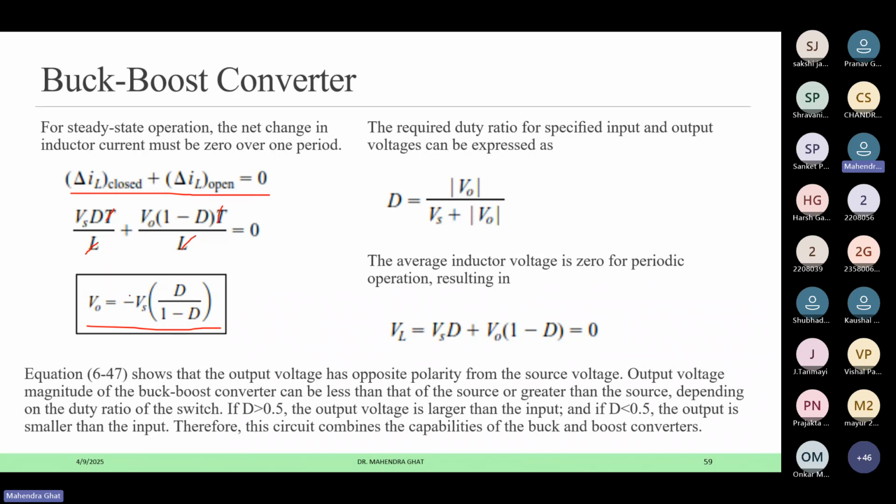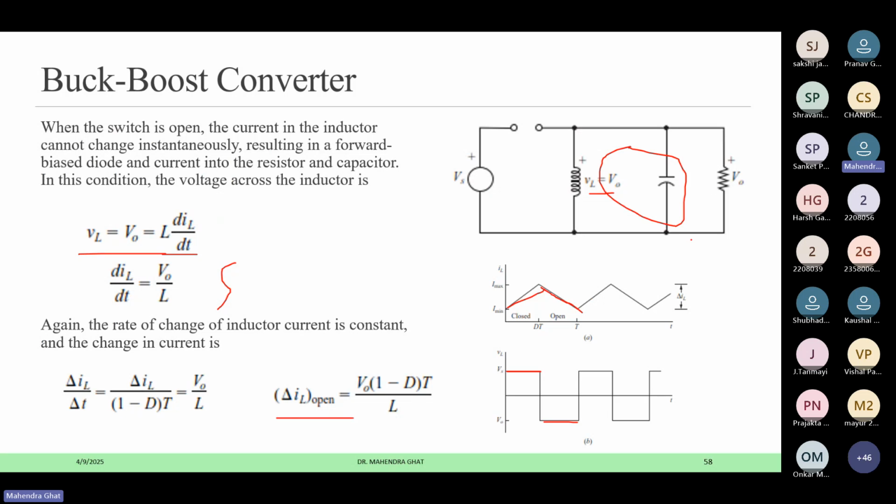One thing you can observe here is that you are getting a minus value. Whatever polarity you have considered, plus here and minus here, you are actually getting the opposite of this voltage. If I apply 10 volts with polarity plus here and minus here, whatever output voltage you get will have polarity plus on this side and minus on this side.